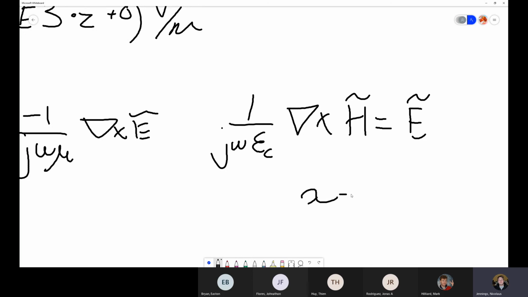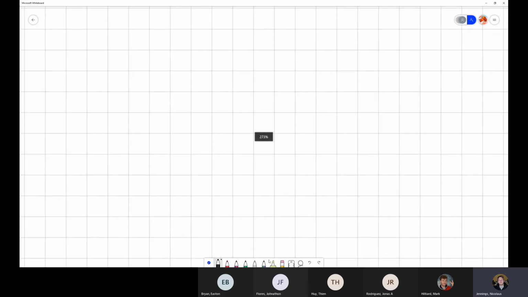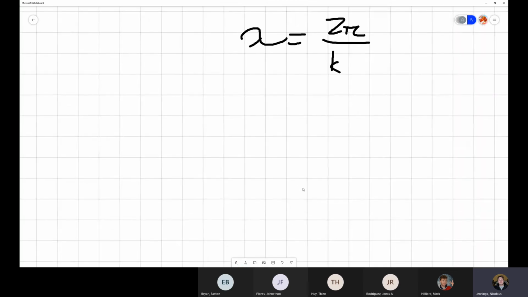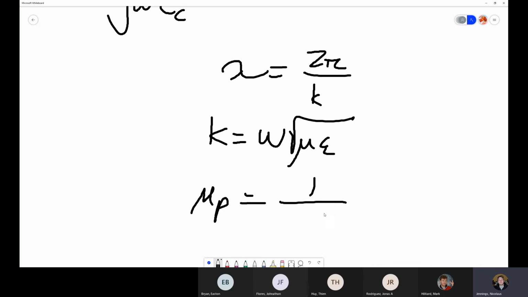Your lambda is still the same, 2 pi over k. Your omega still remains the same way we did it last time. Your k, for free space, is omega root mu epsilon. And your propagation velocity still remains the same as well, 1 over square root of mu naught epsilon naught.